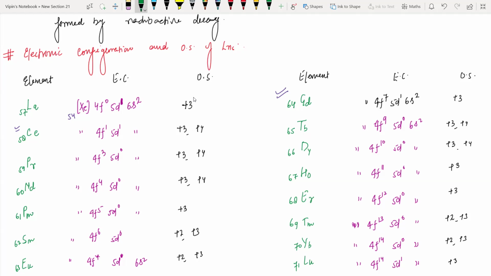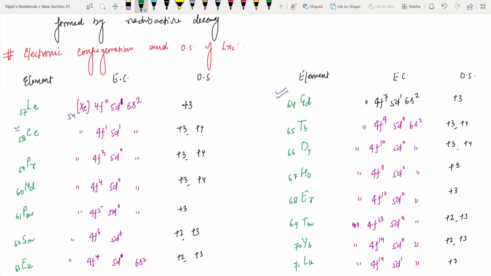Below the 4f0, it is plus 3 and plus 4. That means, for the elements coming after f0, f7 or f14 configuration, the oxidation states are plus 3 and plus 4. Listen, f0 and f7: plus 3 plus 4. f7 above: plus 2 plus 3. Above means before: plus 2 plus 3. f14 fully filled above: plus 2 plus 3.